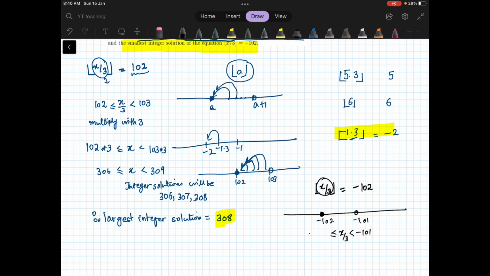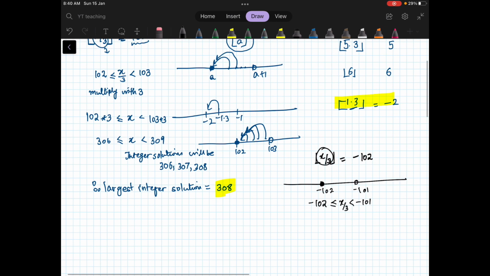Now again I multiply by 3, so I get minus 102 times 3 less than or equal to x less than minus 303. That is important: when you are working with floor functions, you should know which part is included and which is excluded. This part here is excluded.